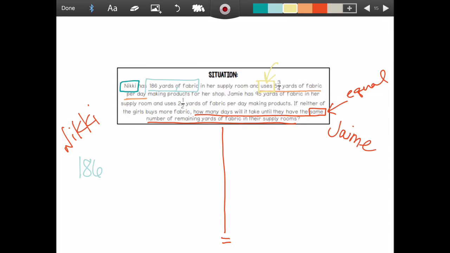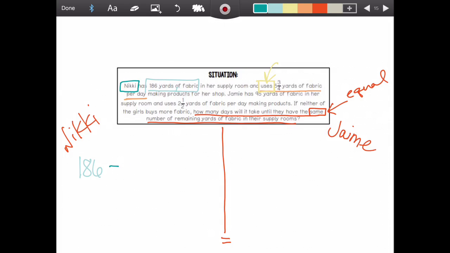If she's starting with the 186 yards and every day she's using 5 3/4, the amount of fabric that she started with is getting smaller and smaller because it's being taken out. And if it's being taken out, the only operation associated with that would have to be subtraction. So here we're going to use subtraction.